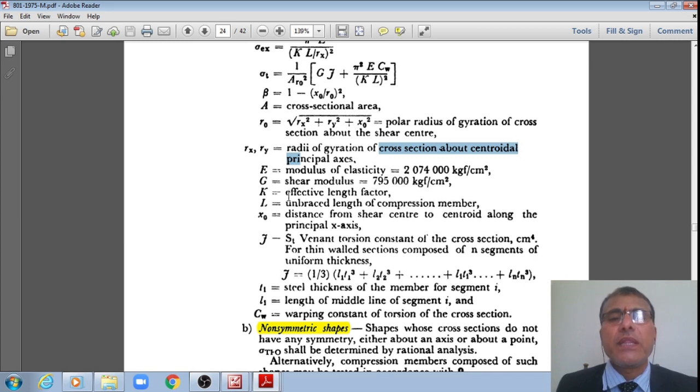And K is the effective length factor, and L is the unbraced length of the compression member. X naught is the distance from shear center to the centroid along the principal axis. J is the St. Venant's torsion constant, right? And it is given for an n segmented section.